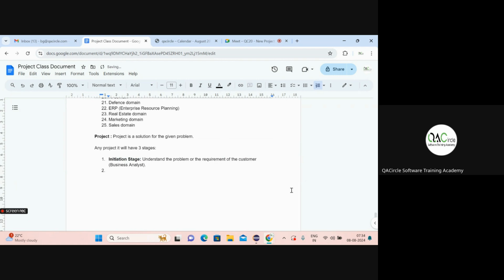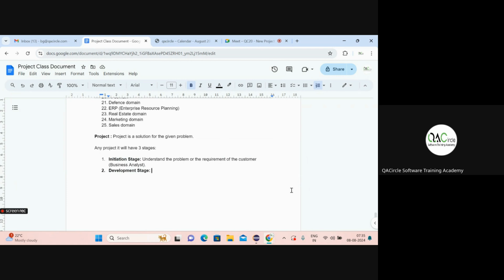Right. So now, once we have understood the problem or collected the requirement from the customer, what would be the next stage? The next stage would be the development stage, wherein we will be developing the application or the software by understanding the requirement technically.